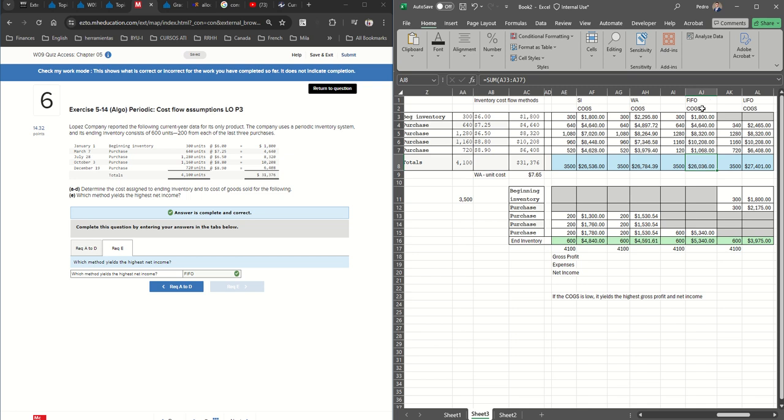So if the FIFO method result has the lowest COGS, that means it will have the highest gross profit and net income, as the definition says. So we can mark this option, and that is the right result.